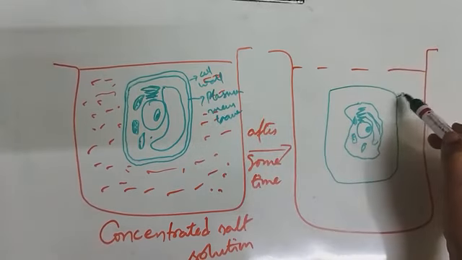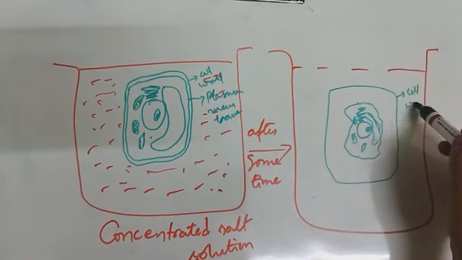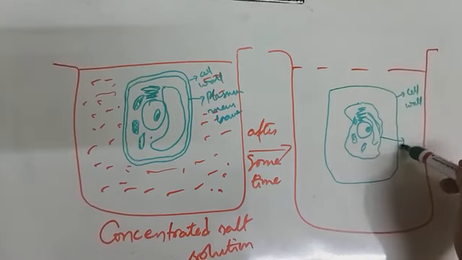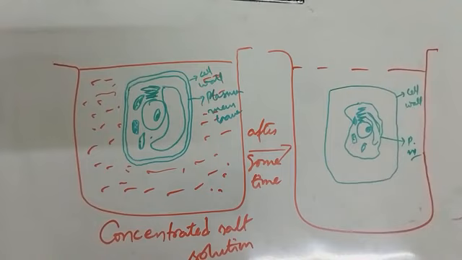Here also this is the cell wall and this is the plasma membrane. What is the difference between here and here?